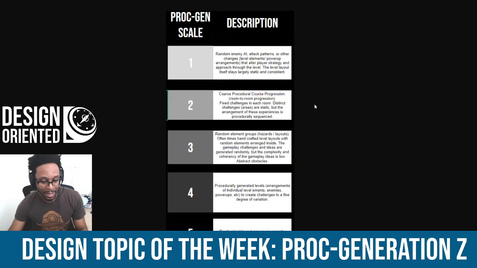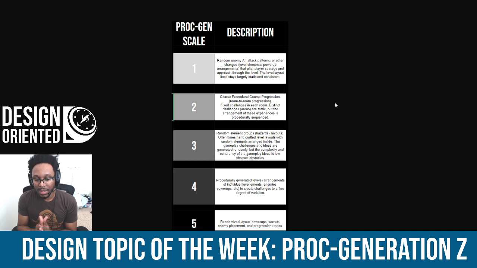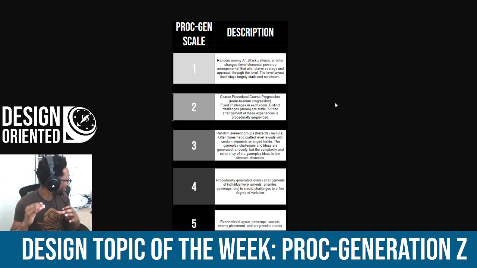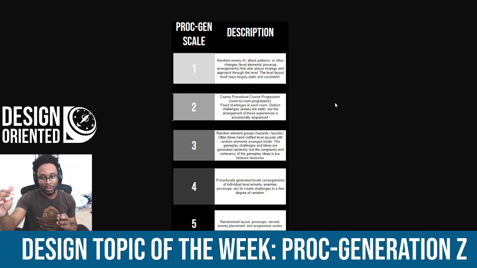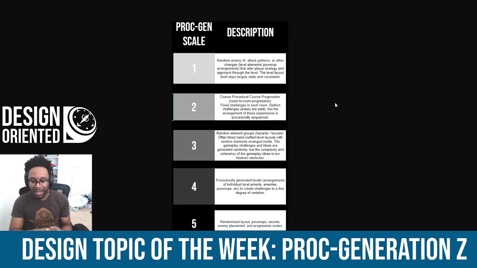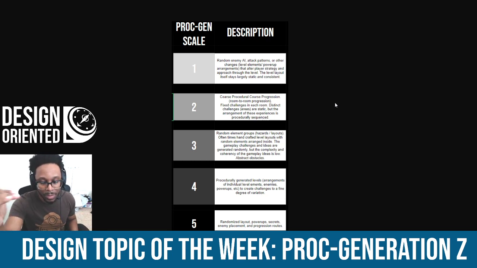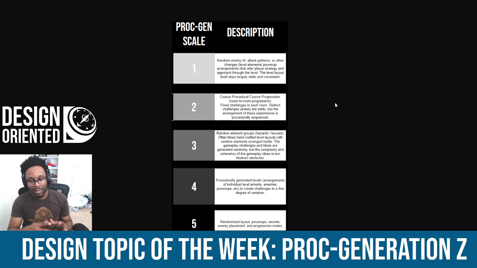We basically said, everyone comes at this with different games and different experiences, so we're going to put as many games on the scale as we possibly can. We start with level 1, a weak example of proc-gen, but in the same relative ballpark. And as we move down the scale, we hit number 5, which is basically Spelunky, as many believe to be the golden standard of level design procedural generation.